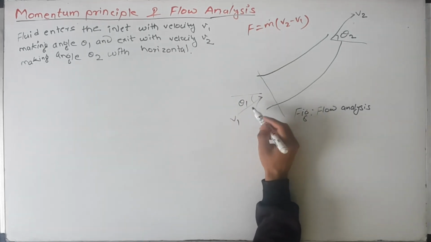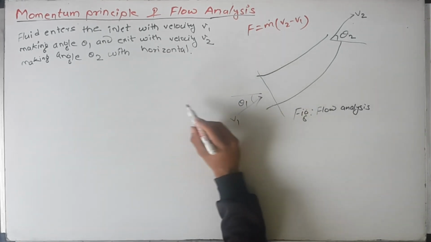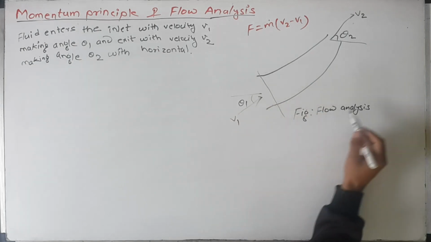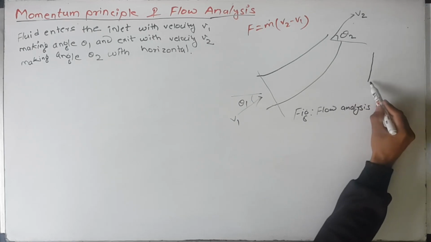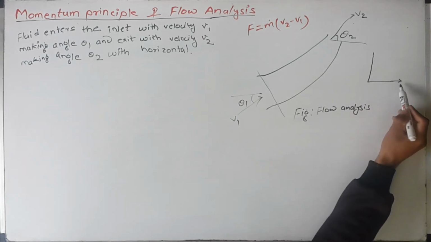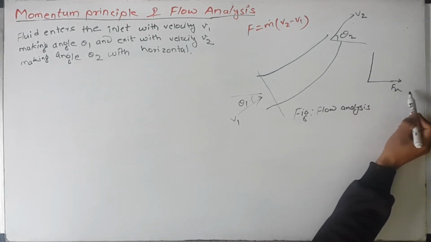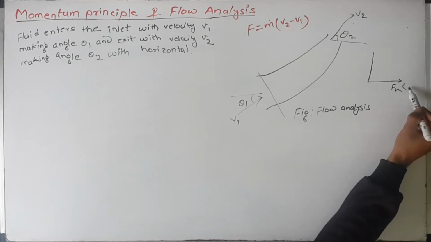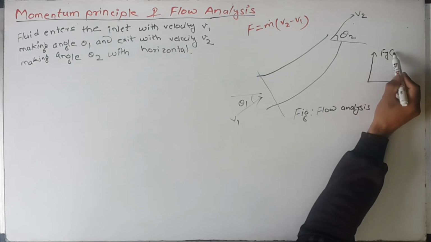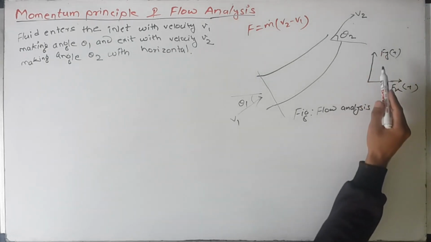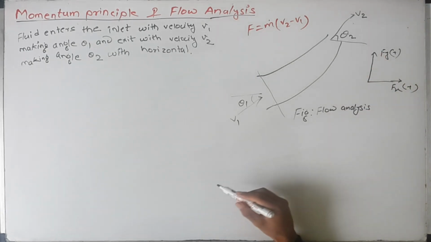Now, we can resolve this velocity in x direction and y direction. Suppose we assume here the x direction is positive, and the vertical axis, y direction upward, is positive.